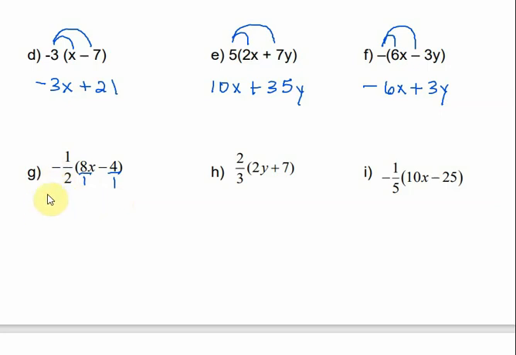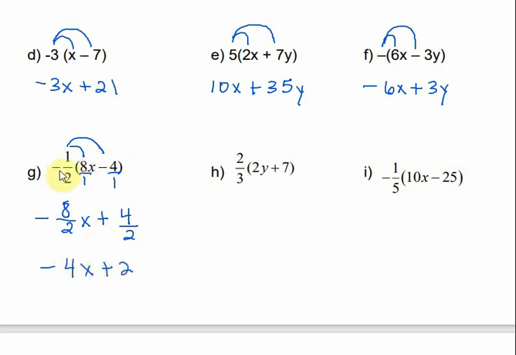So negative times positive is negative. 1 times 8 is 8. 2 times 1 is 2x. That was the first one. Then negative times negative is positive. 1 times 4 is 4. 2 times 1 is 2. And that would reduce to negative 4x plus 2.